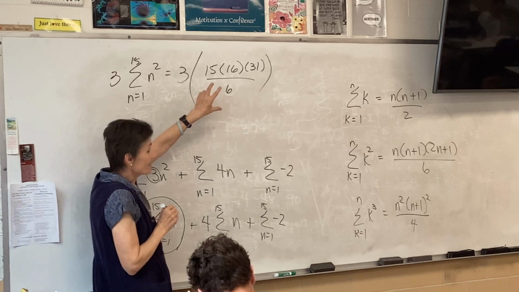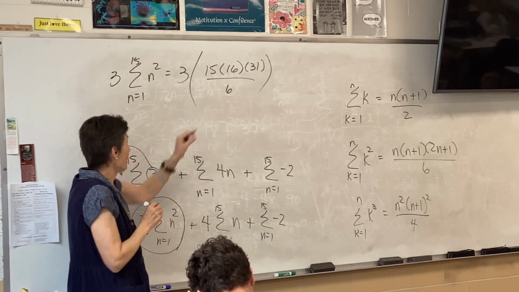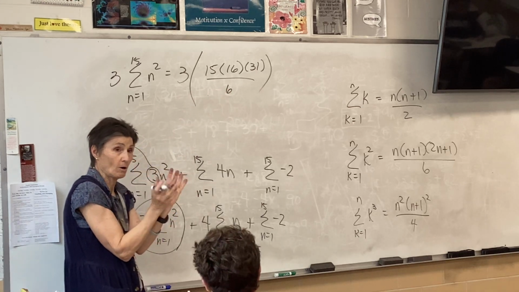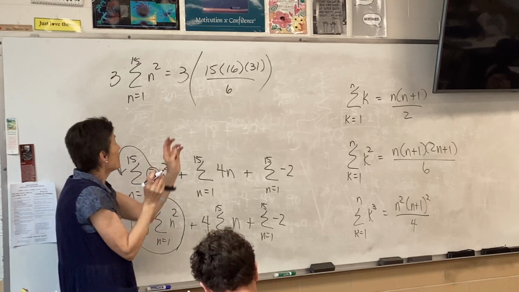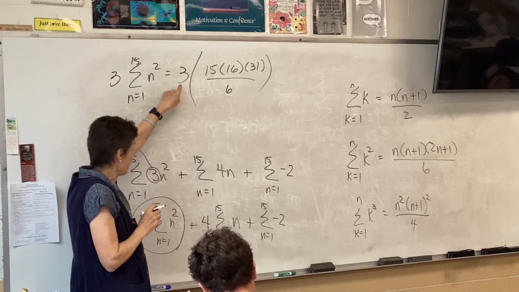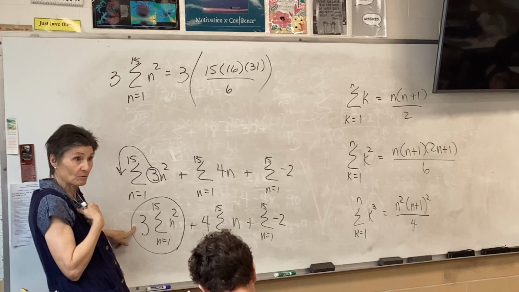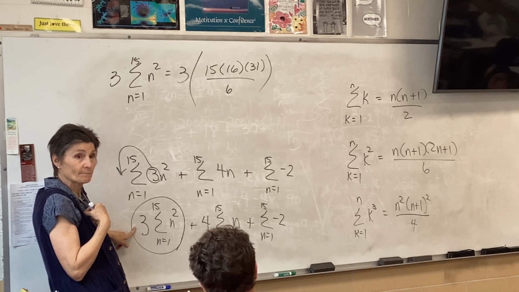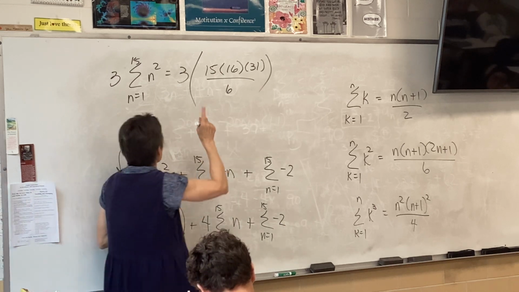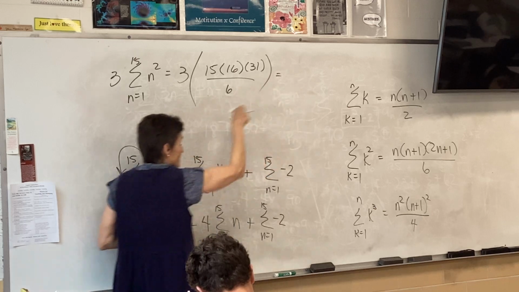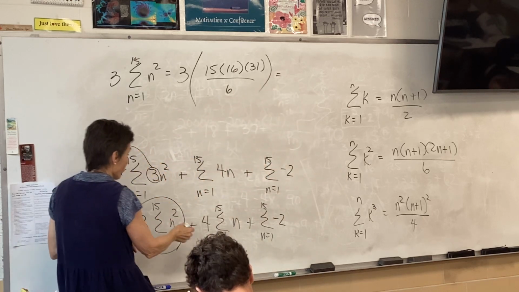So that right there is the sum of all of the squared parts of my original problem. Then I will have to multiply that by 3 because I had 3 squared parts. So I'll figure that out in a second. That's one step.